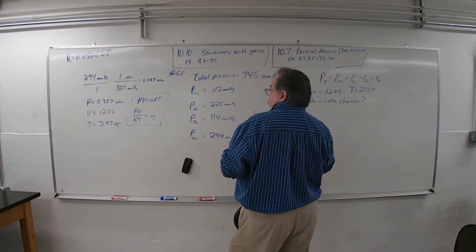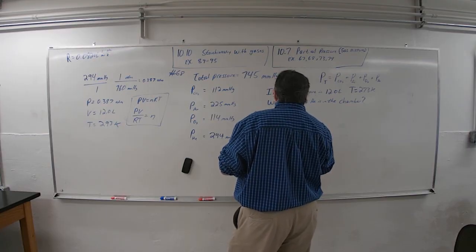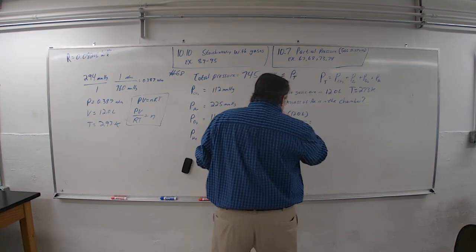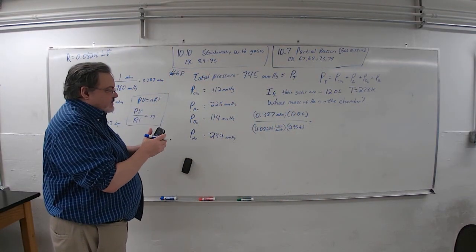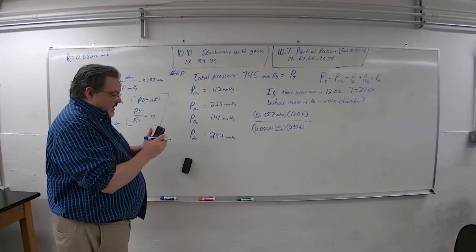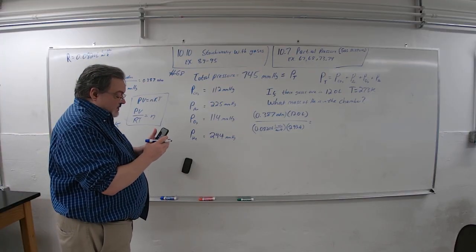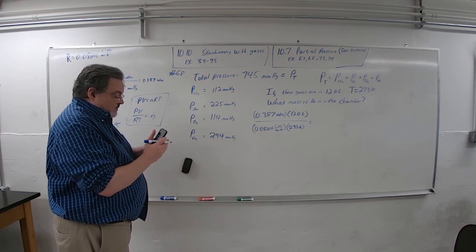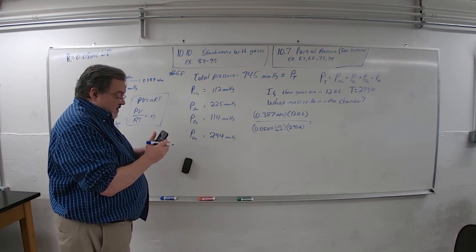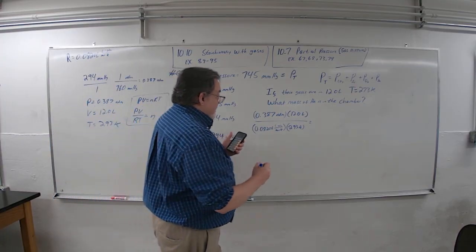Temperature 293 K. That's going to give us moles, and then we can find the mass. 0.387 times 12 divided by 0.08206 divided by 293. It's 270.